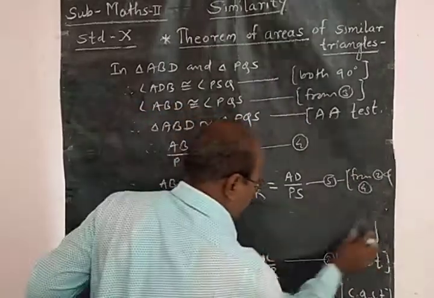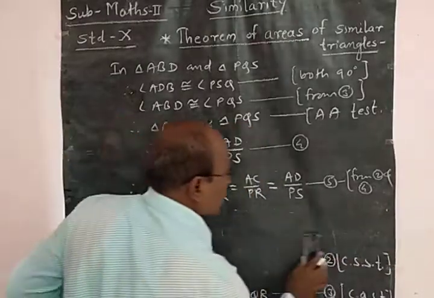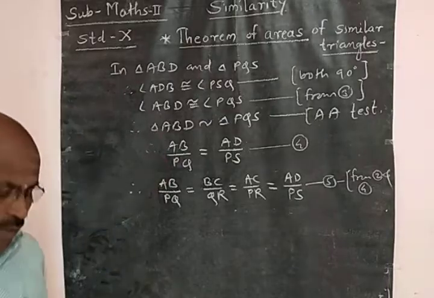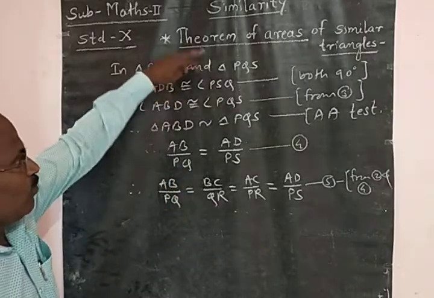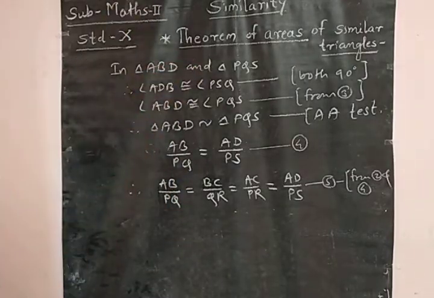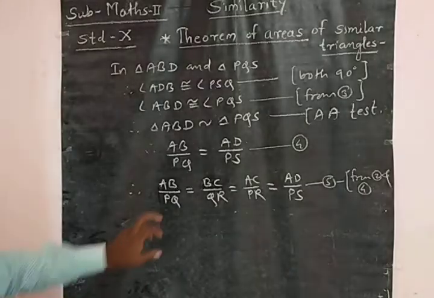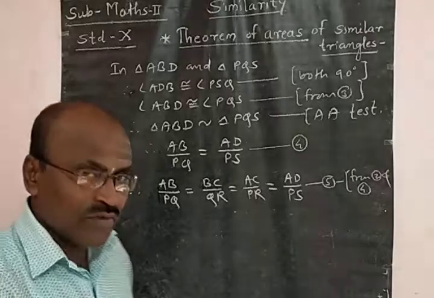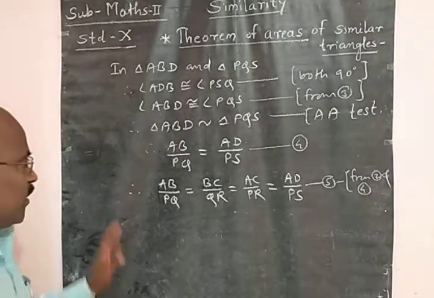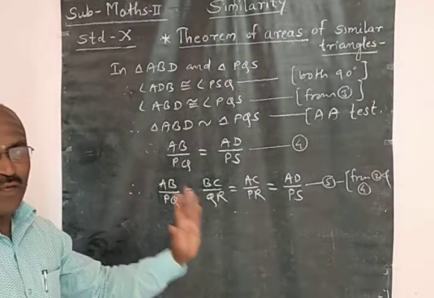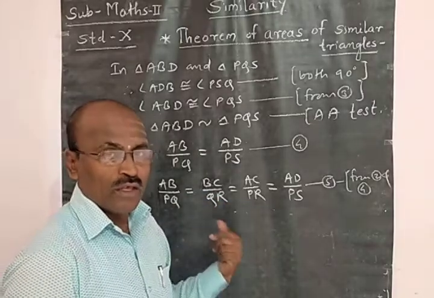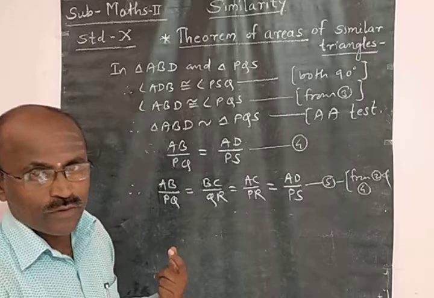Okay. Now look here, from 1 and 5. See what we wrote in 1. In the first statement we have written area of triangle ABC upon area of triangle PQR is equal to BC into AD upon QR into PS.